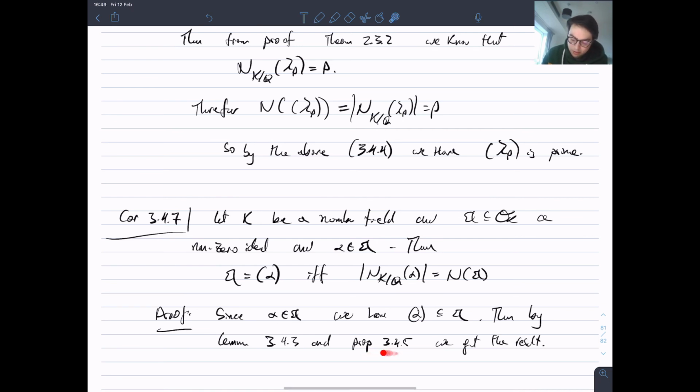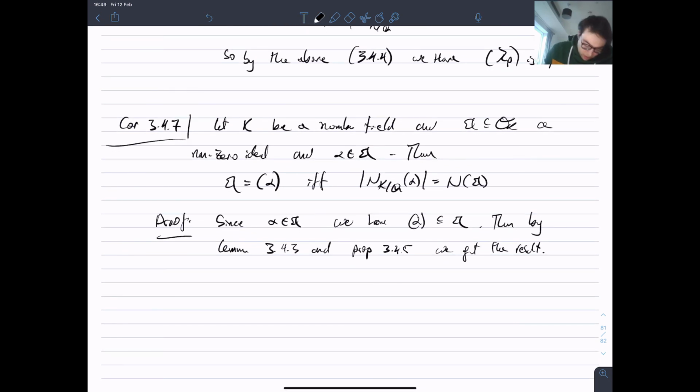So this lemma 3.4.3 told us that if you had one ideal containing the other, but they both have the same norm, then they were the same thing, and this proposition tells us that the norm of the ideal generated by alpha is the same thing as the norm of alpha, which by assumption is the same thing as the norm of A. Great, so that's the first one.